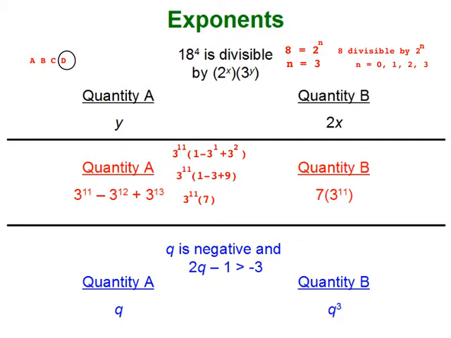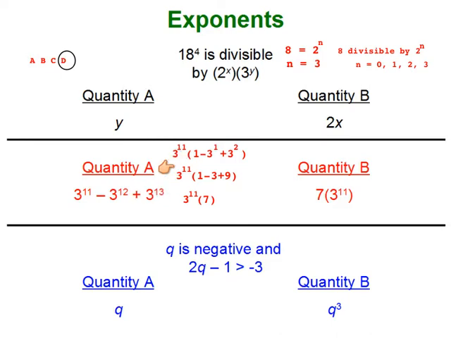3 to the 11th times 1, which is 3 to the 11th factored out of itself, minus 3 to the 1st, which is the remaining 3 once I remove 3 to the 11th, and 3 squared, which is the remaining 2 3's once I take out 11 of the 3's from this particular number.